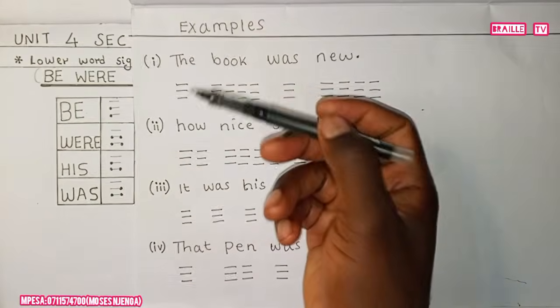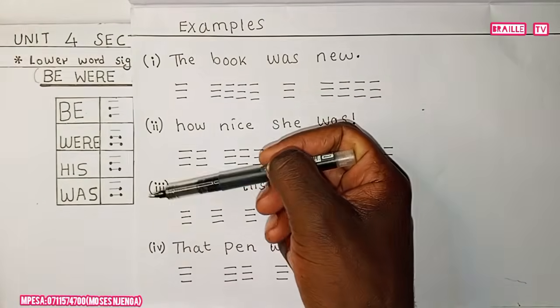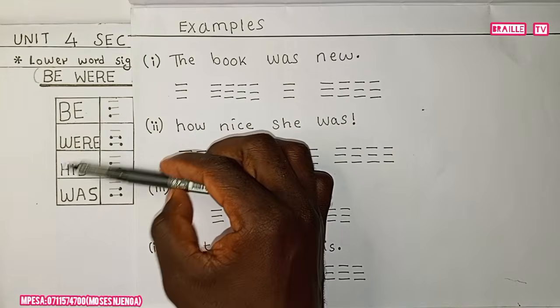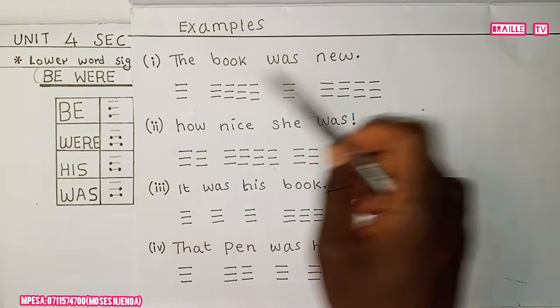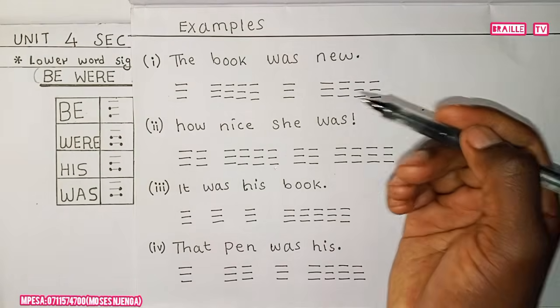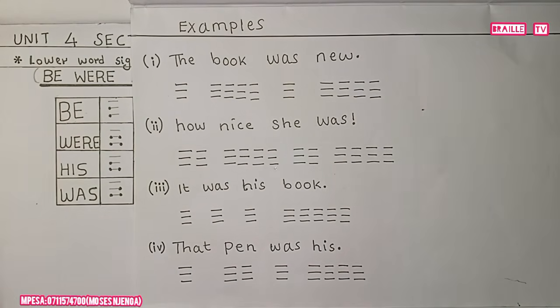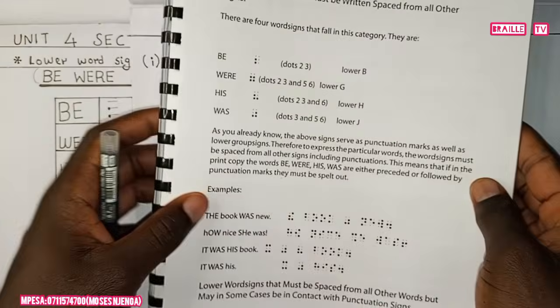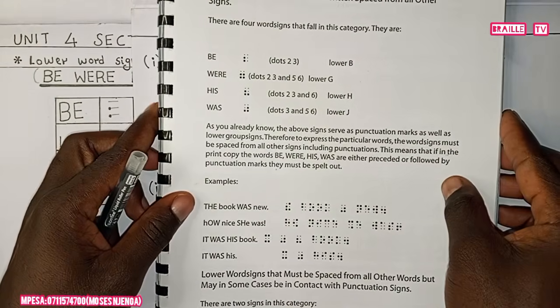So we have 4 of them: 1, 2, 3, 4. And remember, we are looking at be, were, his, was. And then we are going to contract them here and see what we are supposed to do. But again, before we write them, let us read something from the module.